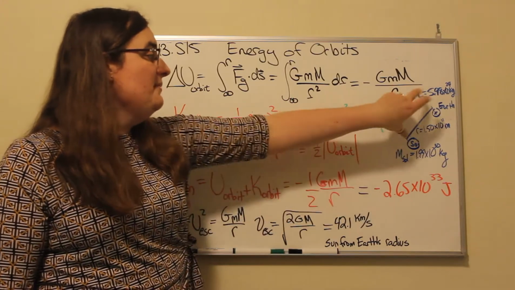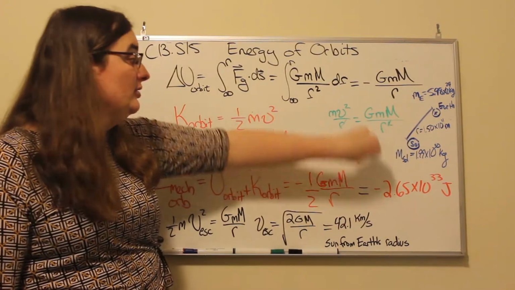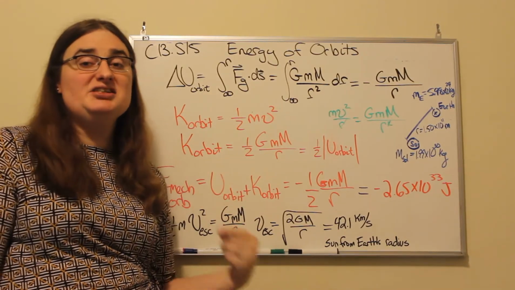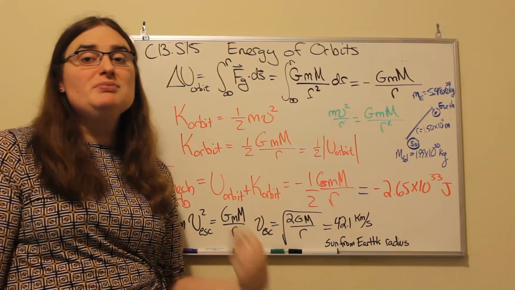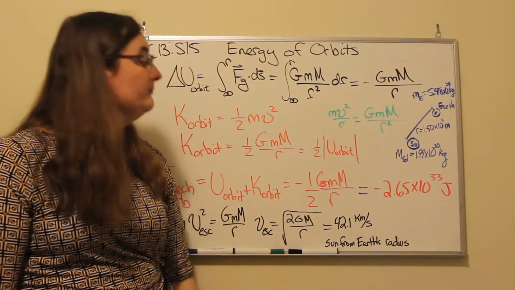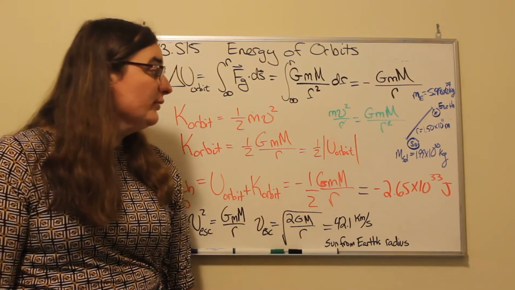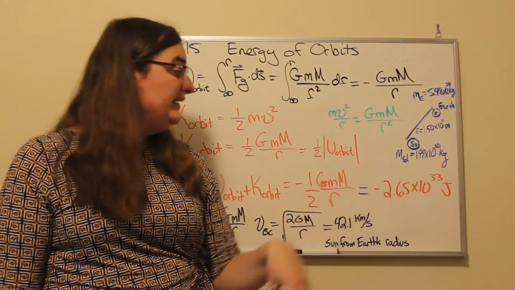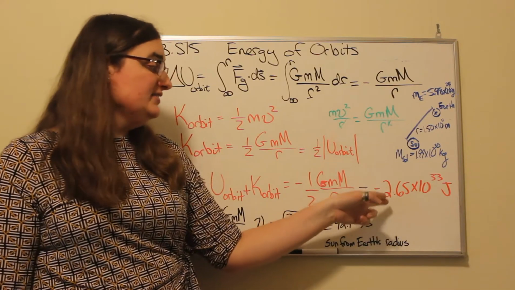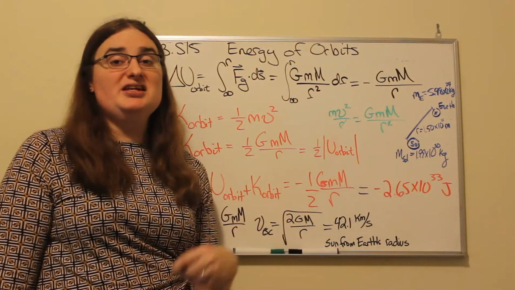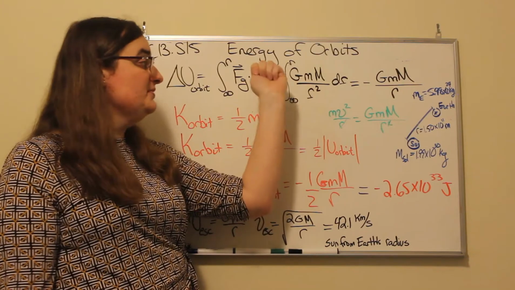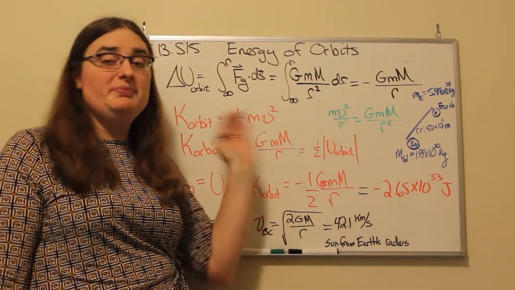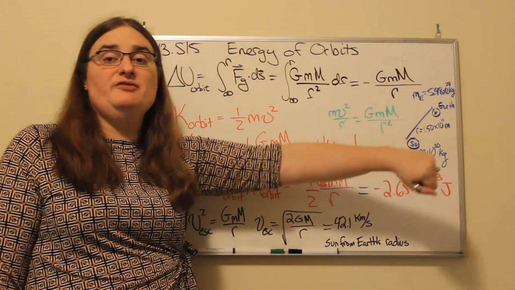So if I multiply my masses together, multiply by the universal gravity constant, 6.67 times 10 to the negative 11 newton meters squared per kilogram squared, and then divide by the radius, 1.50 times 10 to the 11 meters, I get a value of twice this, 5.3 times 10 to the 33 joules for the potential energy with the negative sign, negative potential energy, with zero potential energy being infinitely far away.